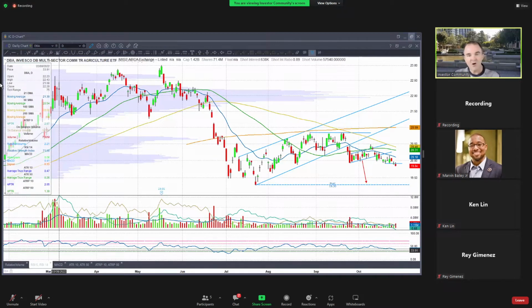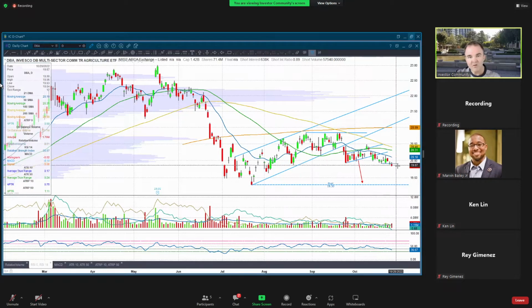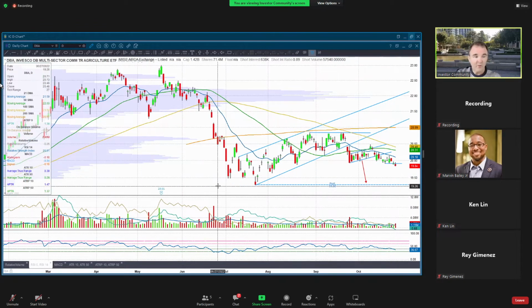DBA, the agricultural commodities index, has lost support and looks to be continuing its way down. So this is actually good, though. And same with general commodities, we don't really want to see commodities increasing in price because that's inflationary.